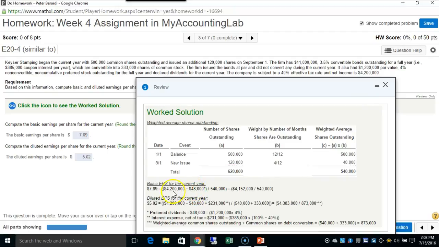That $48,000 gets subtracted from the net income and divided by the weighted average shares outstanding to give you $7.69.